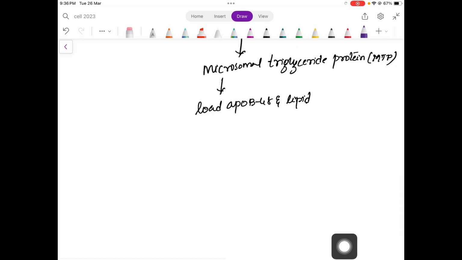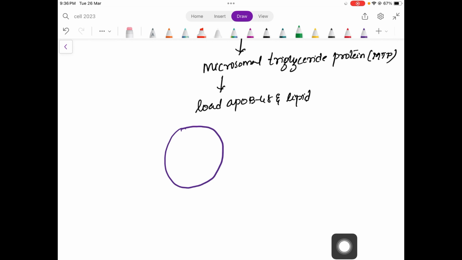So what will be the structure of the chylomicron? This is the structure of the chylomicron, and this chylomicron will have ApoB48, and one more lipoprotein is incorporated onto the chylomicron, that is ApoA.